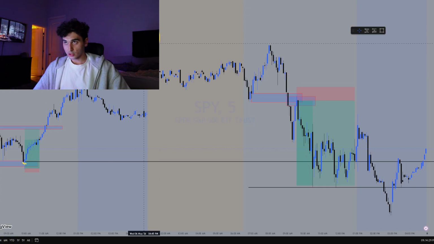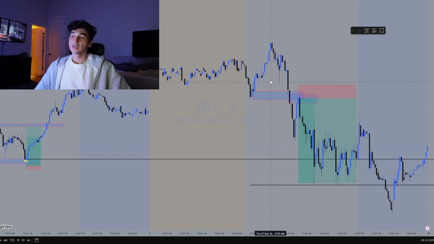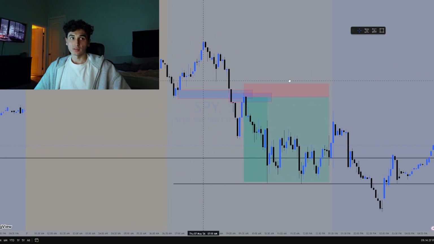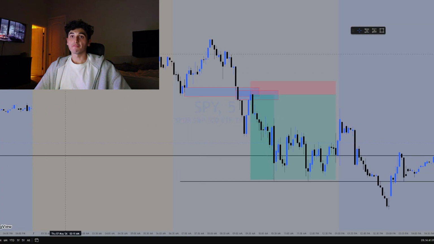Now, of course, we always want to be utilizing our supply and demand zones and understanding what those zones are doing. So in this case scenario, I have a demand zone here. Price failed to reject and bounce higher within that demand zone. So what is that telling us?